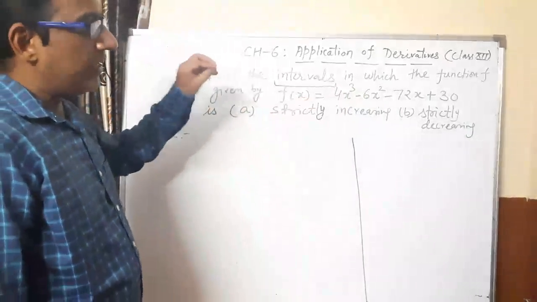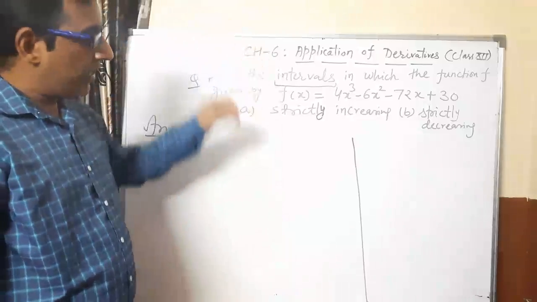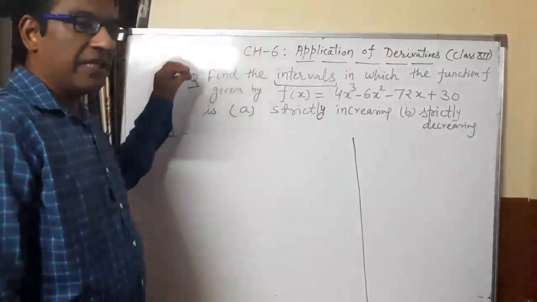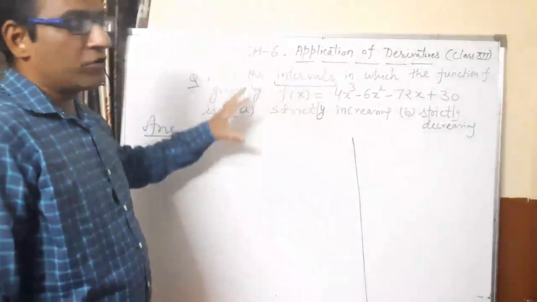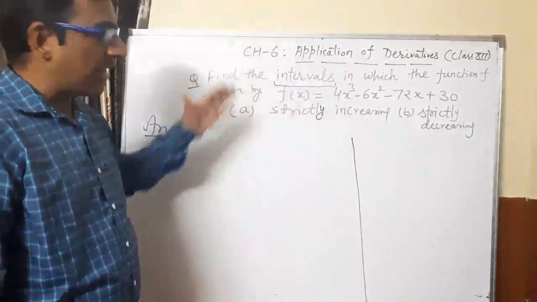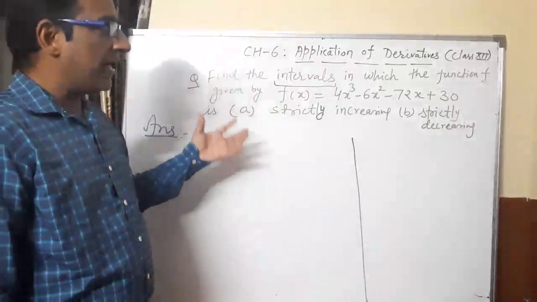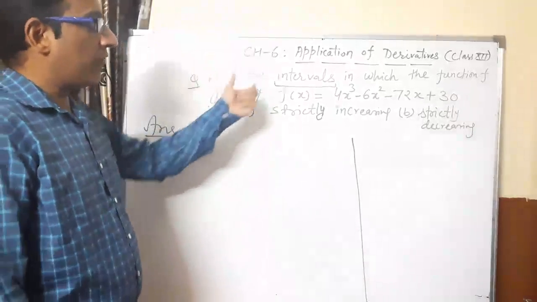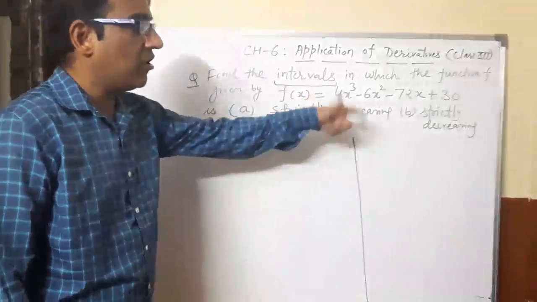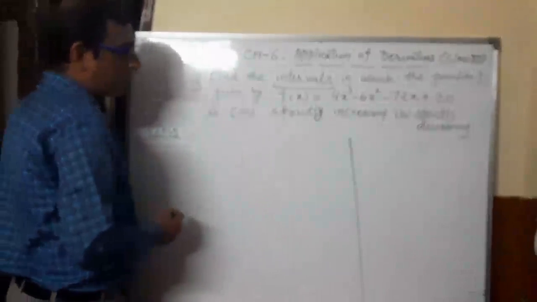Basically, in this question we have to identify the intervals in which the given function is strictly increasing and strictly decreasing. This type of question is very important. So how can we identify the intervals and show that in this interval the function is strictly increasing or strictly decreasing? How do we start solving such a problem?